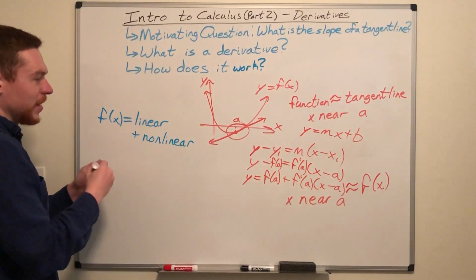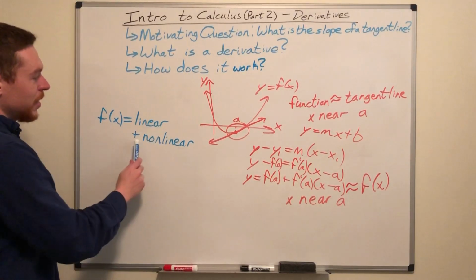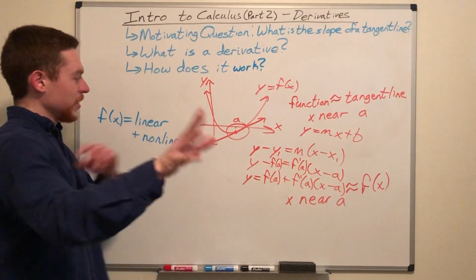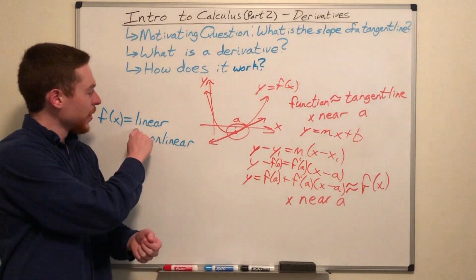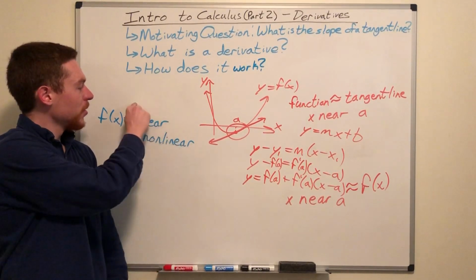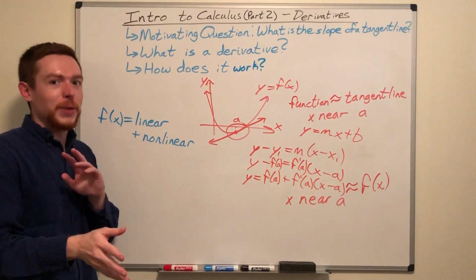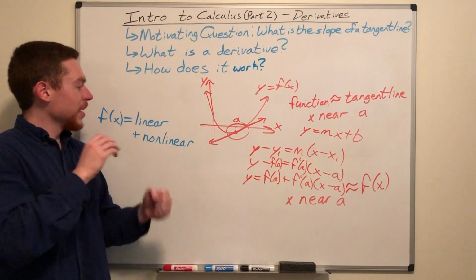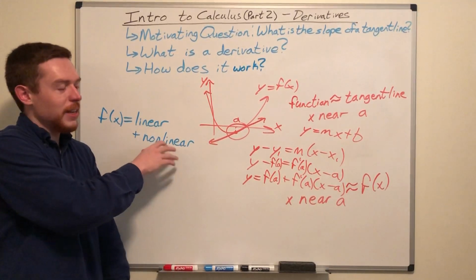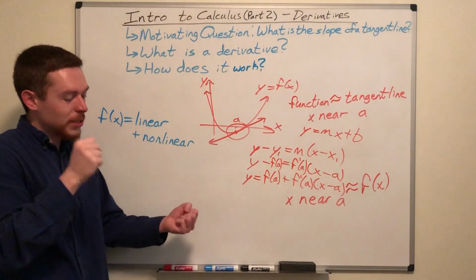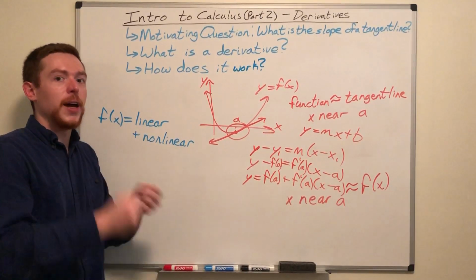We have the nice linear part that comes from my derivative, my tangent line, and then the nonlinear stuff, which is literally everything else. Mathematically what we often do is we look at the linear part, we study how stuff behaves if everything were just nice and perfect and linear the way we want it to be. And then we add in the complexities, the nonlinear stuff, and we try to show that the linear stuff allows us to control the nonlinear stuff.